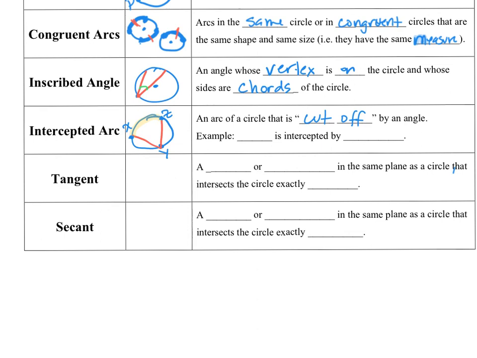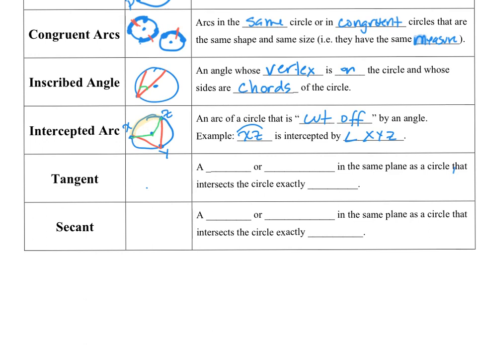So that minor arc XZ is intercepted by angle XYZ, an inscribed angle, okay? And then also, I forgot to put a center on our circle. So let me just go ahead and draw a central angle. A central angle can also intercept an arc, okay?